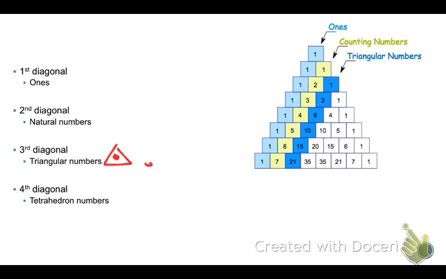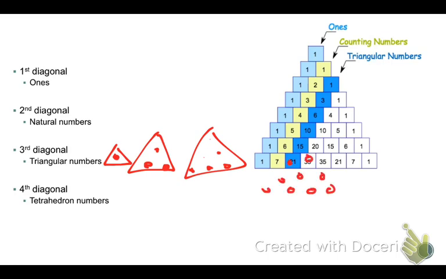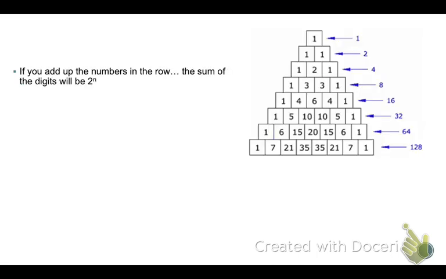Okay, 3, 6, 10, and that continues. The fourth diagonal is the tetrahedral numbers. A tetrahedron is a triangle that's three-dimensional. I'm not going to try and draw that because it will be super pitiful.